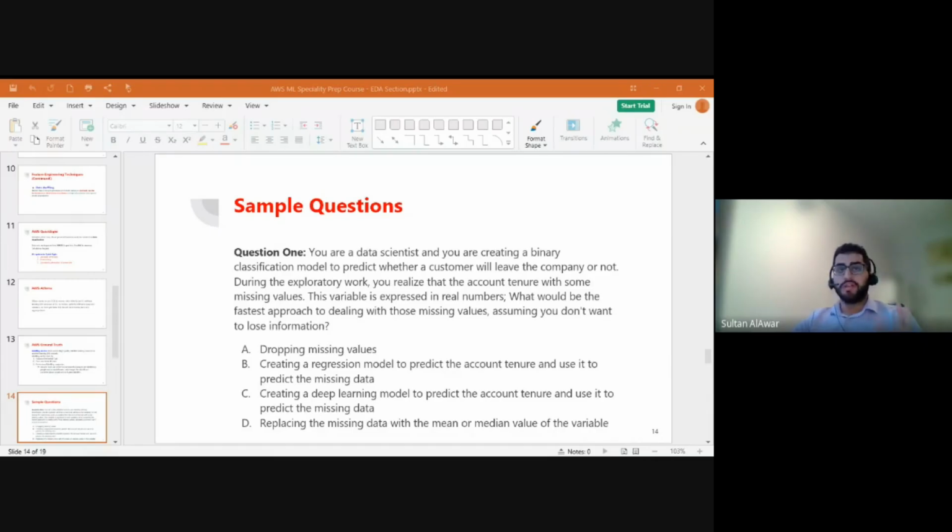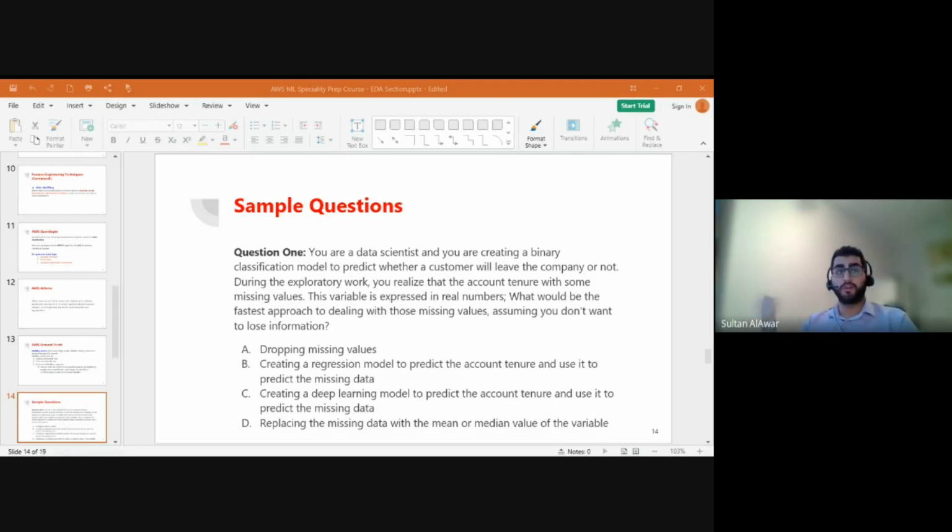So the key words here, it could be that we have the account tenure, it has missing values, it's expressed in real numbers, which is numeric, and what's the fastest approach. So they are telling us to deal with the fastest approach. So if we go back to what we discussed in the previous slides, when we have missing values, we could think of 4 main approaches.